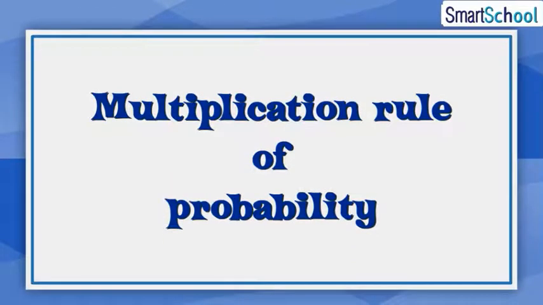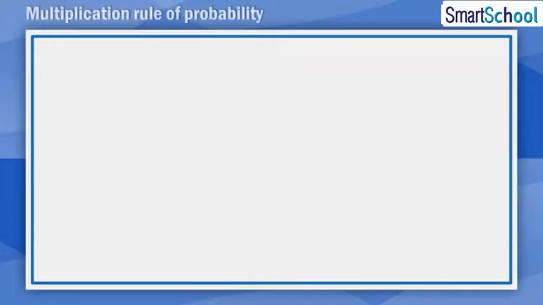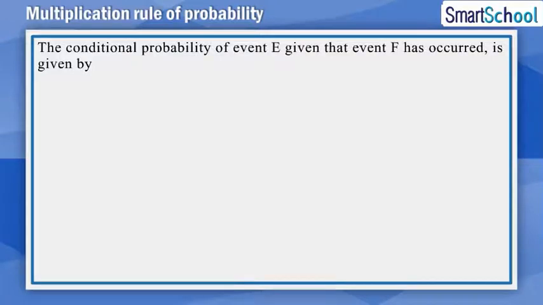In this module, we will be studying about the multiplication rule of probability. We know that if E and F are two events in the same sample space S, then the conditional probability of event E, given that event F has occurred, is given by the probability of E given F is equal to the probability of E intersection F divided by the probability of F, where the probability of F is not equal to 0.